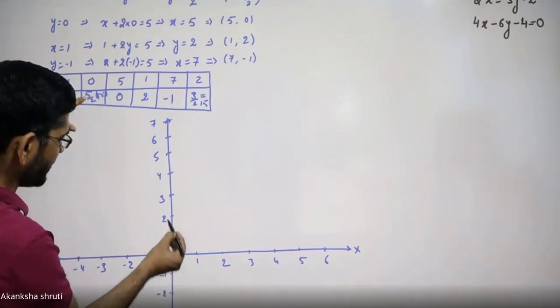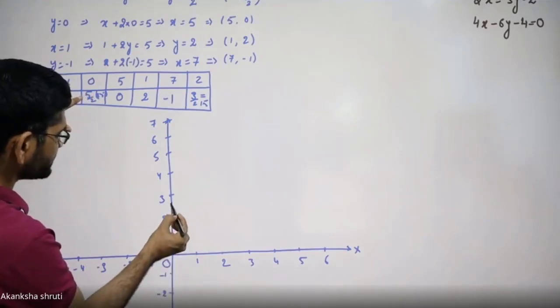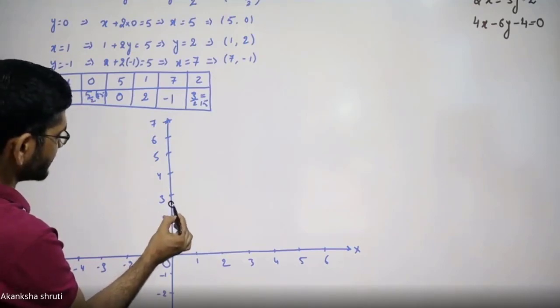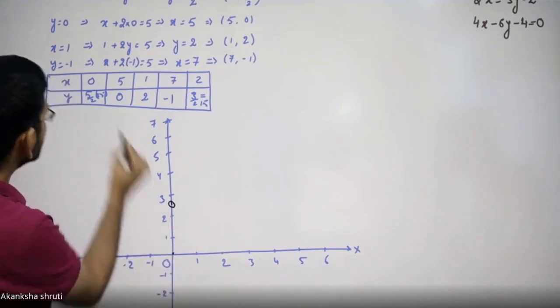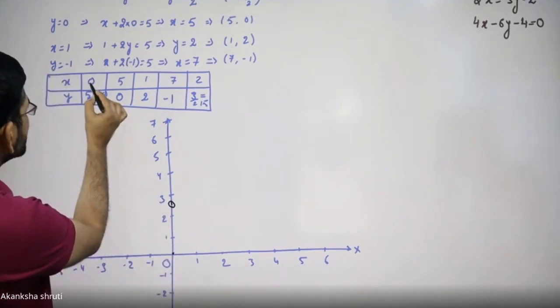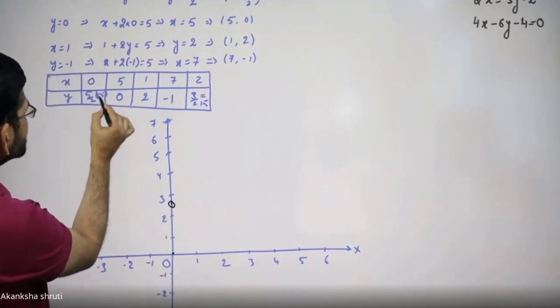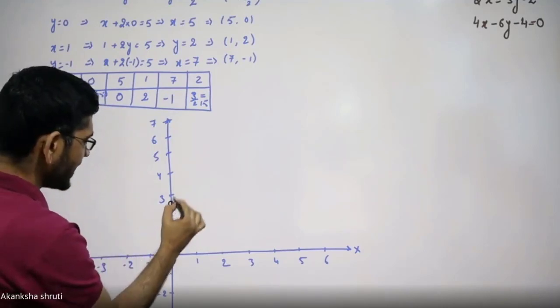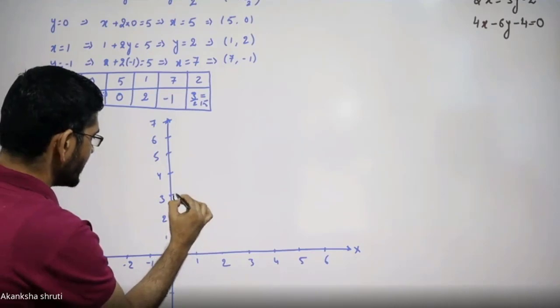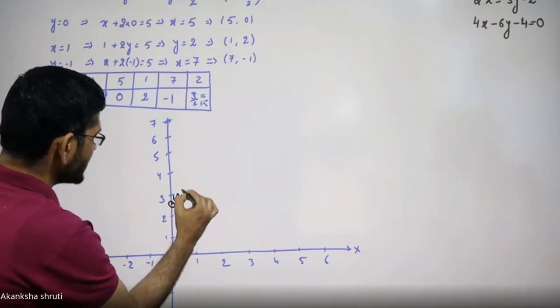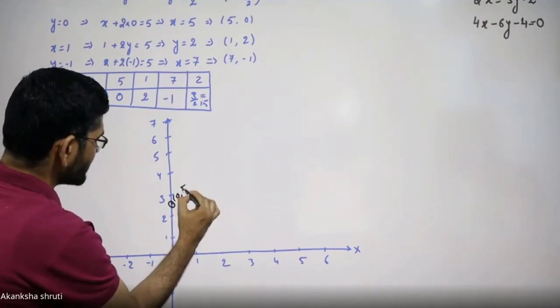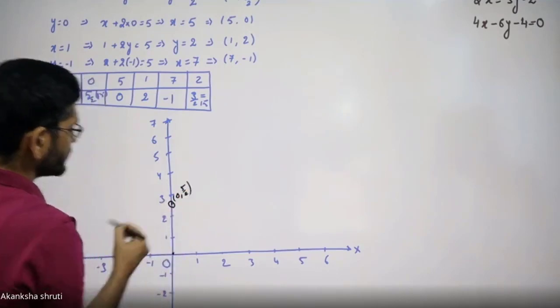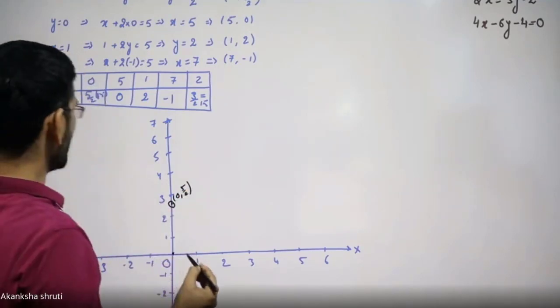Means upward you need to go up to 2.5. So it is this value. Means this point x is equal to 0, y is equal to 2.5 is this one. So mark it and write it. x as 0, y as 2.5 or 5/2. So this way one point is plotted.